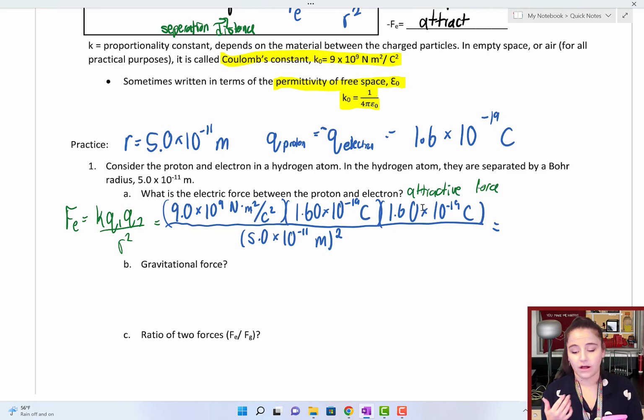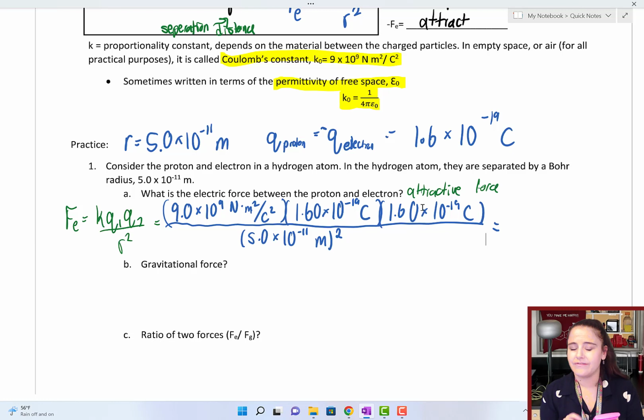I went ahead and put all of that in parentheses. Again, I am using that EE button. Okay, and then divided by 5.0 times 10 to the negative 11 squared.